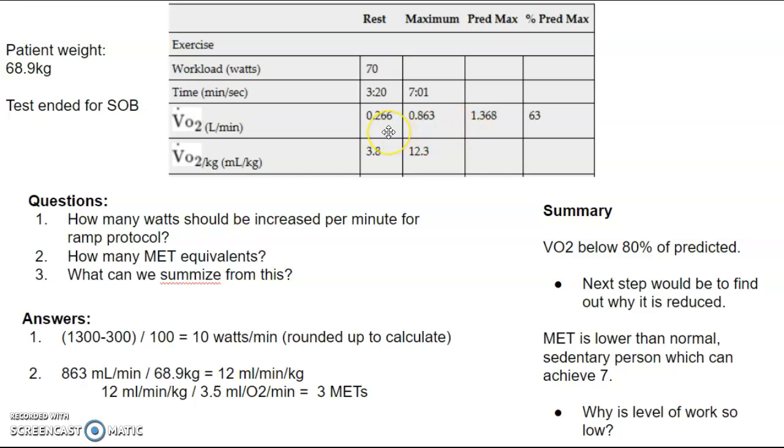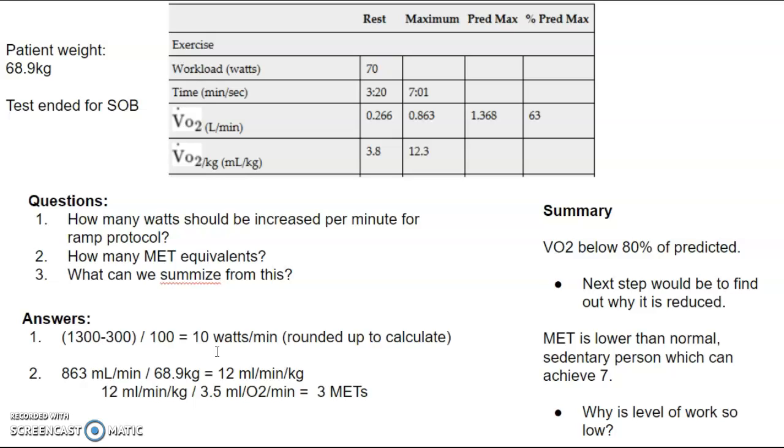And then you're going to subtract out the VO2 at rest, which in this case is about 300 milliliters. So yeah, we're rounding up and doing a little estimating here, but 1,300 minus 300, divide that by 100, and you end up with 10 watts per minute. So if we were doing the ramp protocol, we would increase every minute by 10 watts.